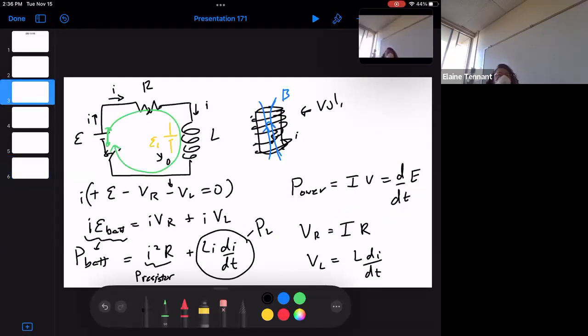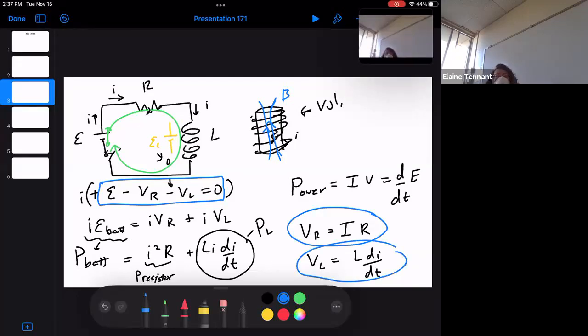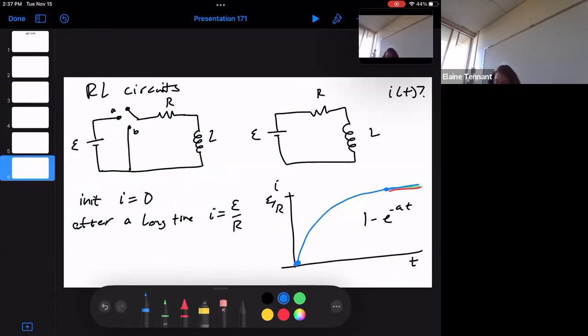There's our equation. We related everything in the circuit. I am not going to multiply this by I the second time, but this is definitely where we're going to start. And we are going to substitute that in for the voltage across the resistor, and substitute that in for the voltage across the inductor.